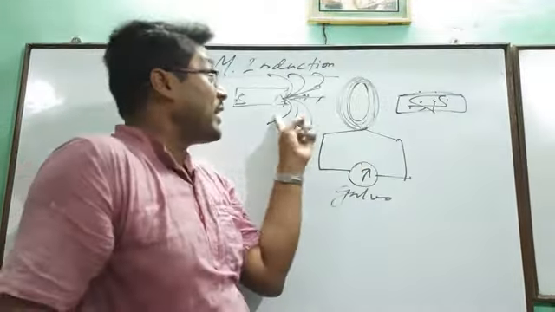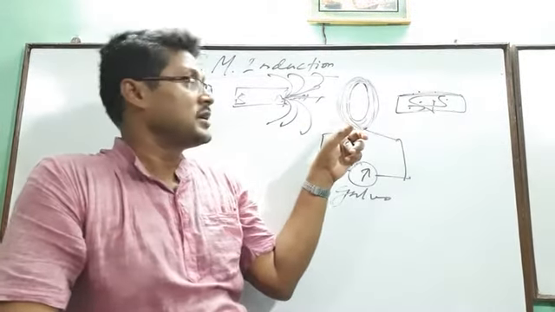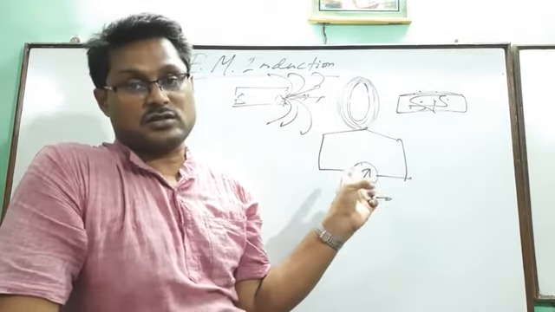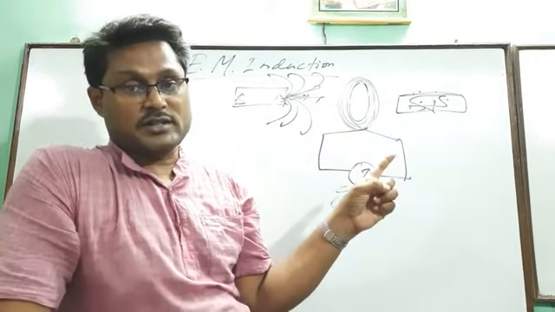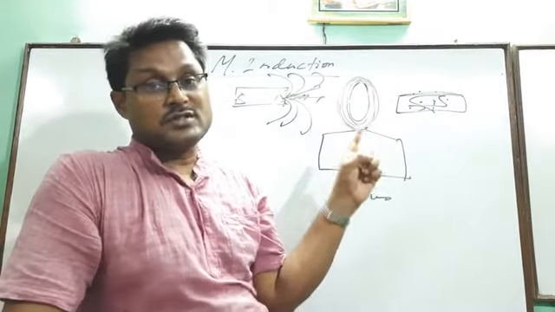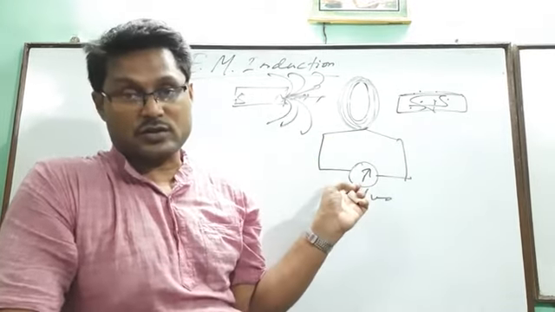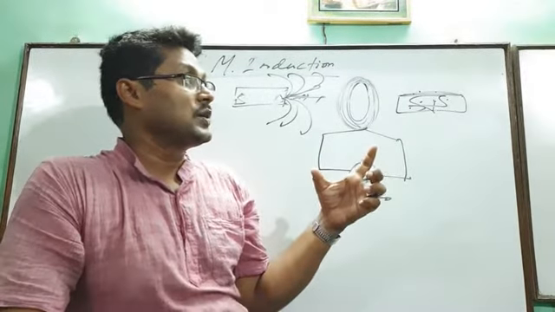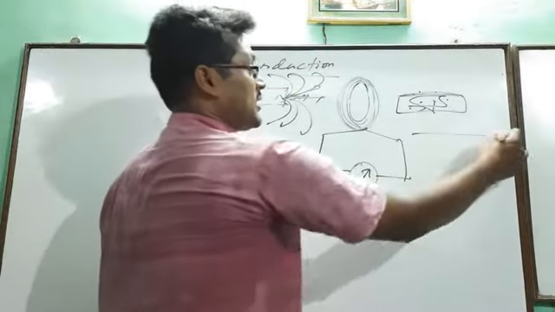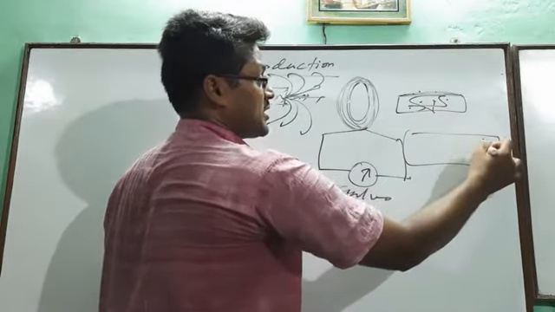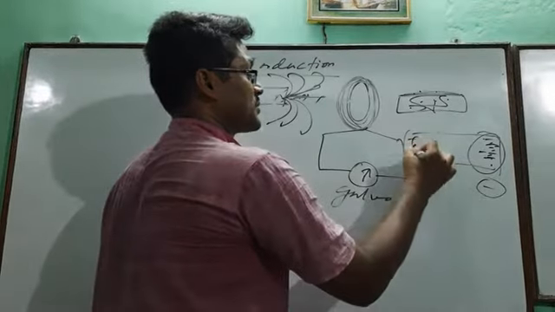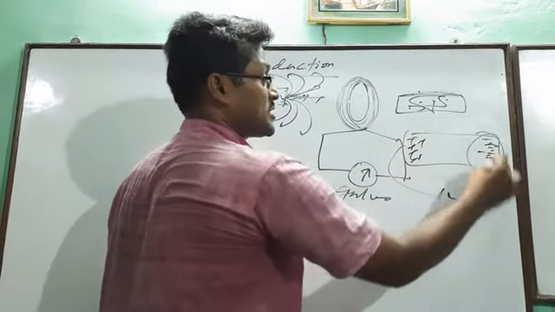But whenever a field is applied, the electrons experience a thrust in a particular direction. So this variable field produces a thrust on the randomly moving free electrons, and they deflect in a particular direction. In this conductor, the electrons are deflected in this direction and concentrate at one end, so this end is negative and this end is positive. That means we find a potential difference between the two ends.